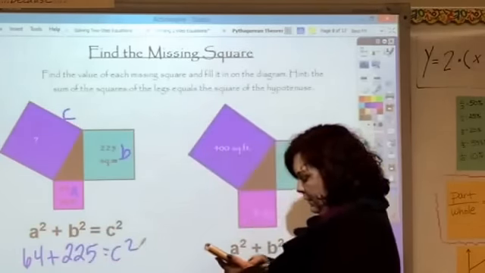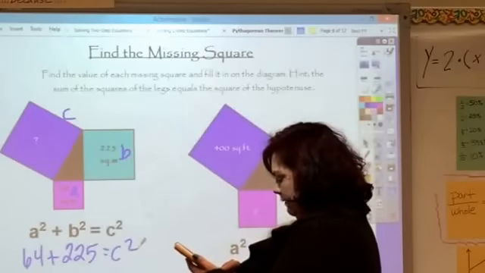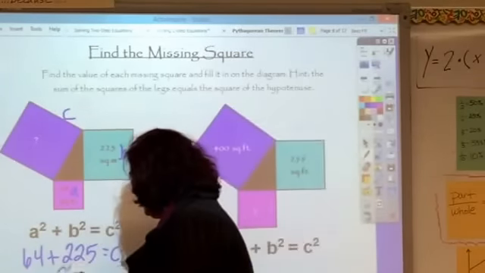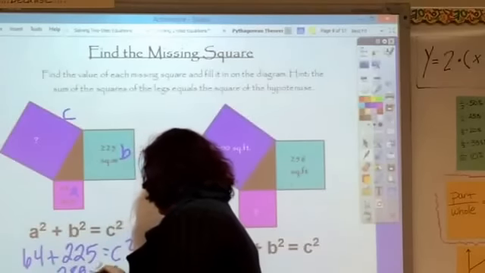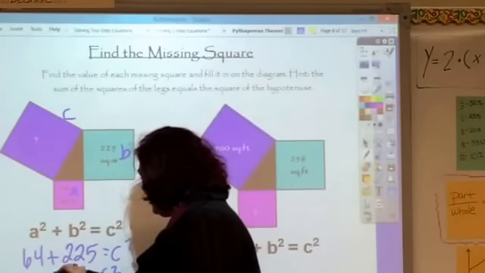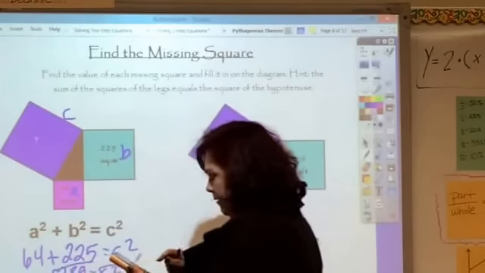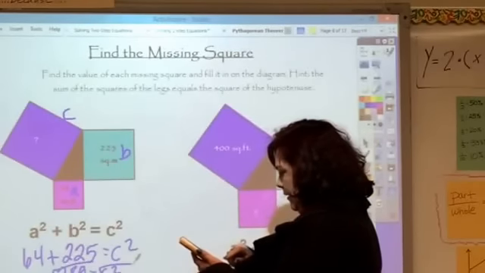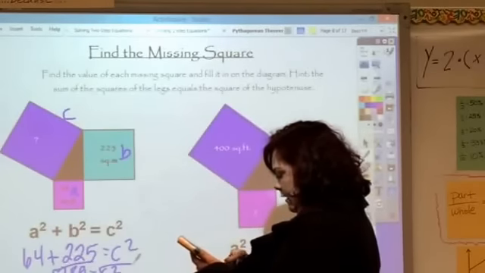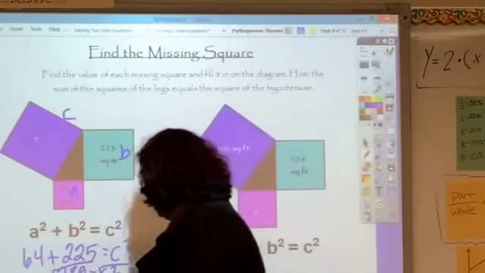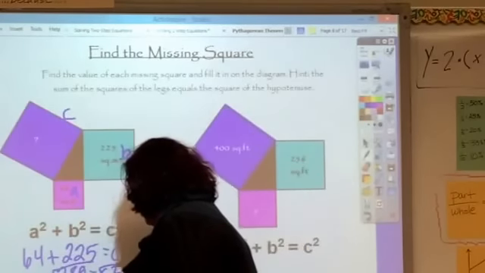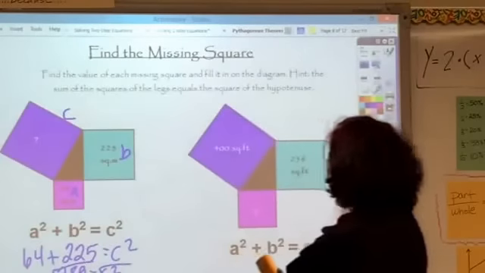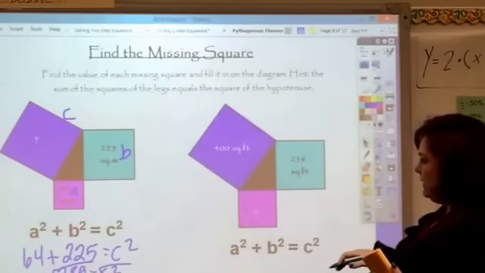So I've got 64 plus 225 equals 289. 289 equals C squared. Now I'm going to take the square root of both of those. The square root of 289 equals 17. So C equals 17, and my units are meters. So you can get the idea of this.